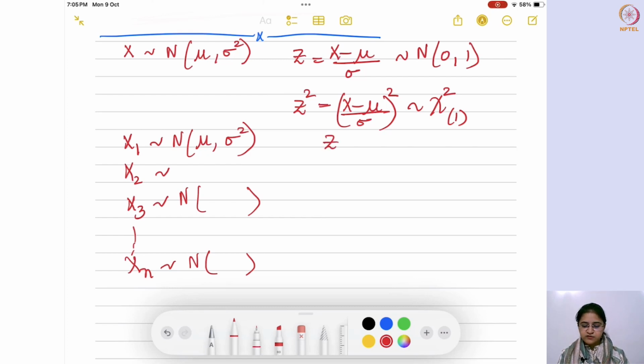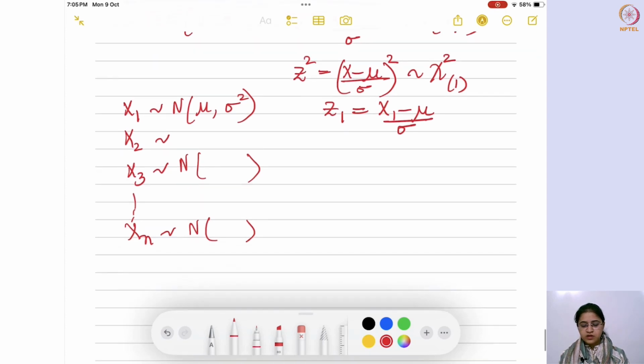So you will have z1, which is x1 minus mu by sigma. Okay, likewise you will have z2, and you will go on up till zn, which will be xn minus mu by sigma.